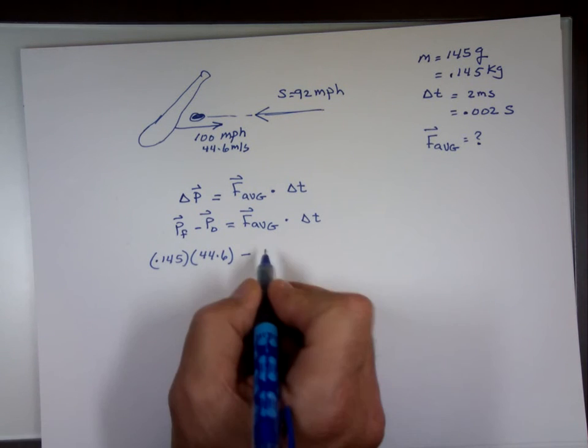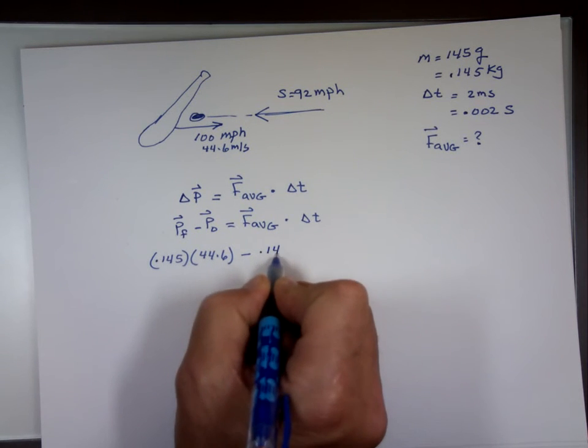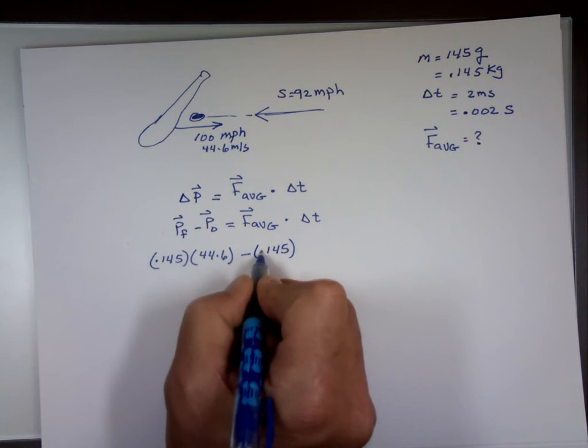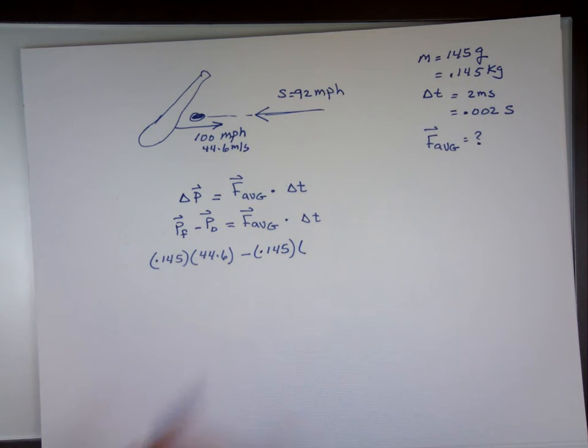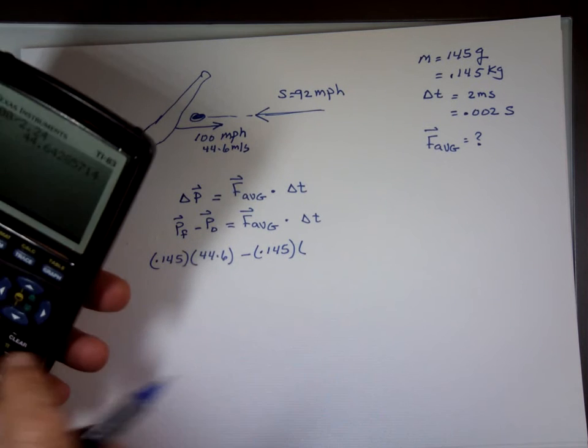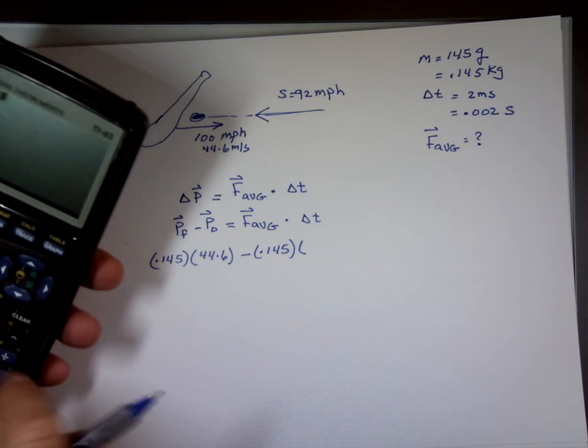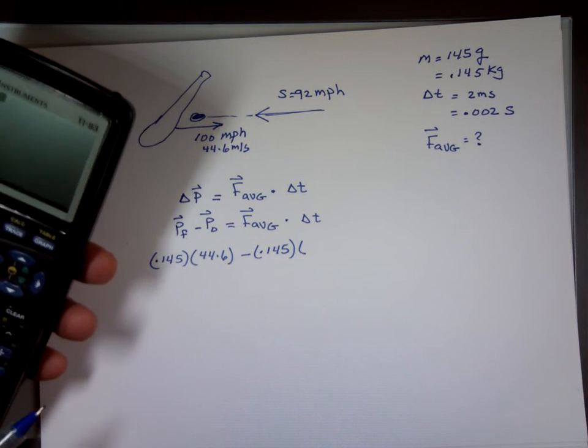What was the initial speed going in? Let's convert the 92. 92 divided by 2.24. That's 41.1.